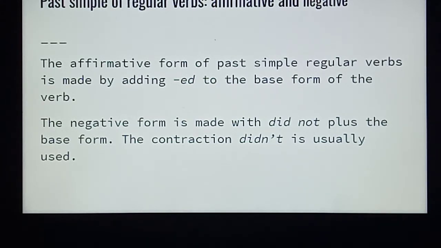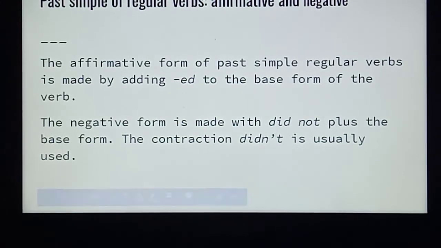Next, the negative form is made with did not plus the base form. The contraction didn't is usually used.